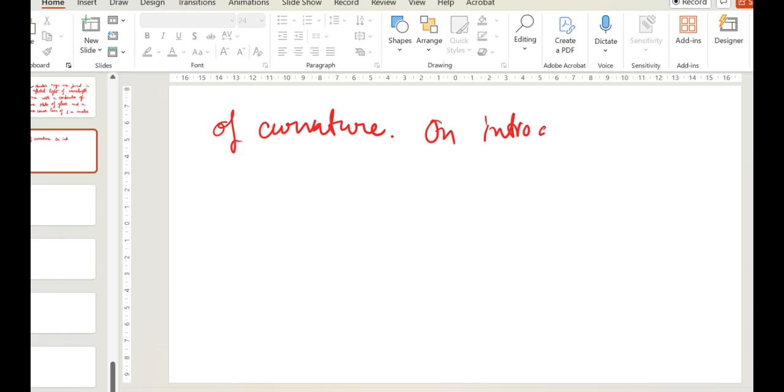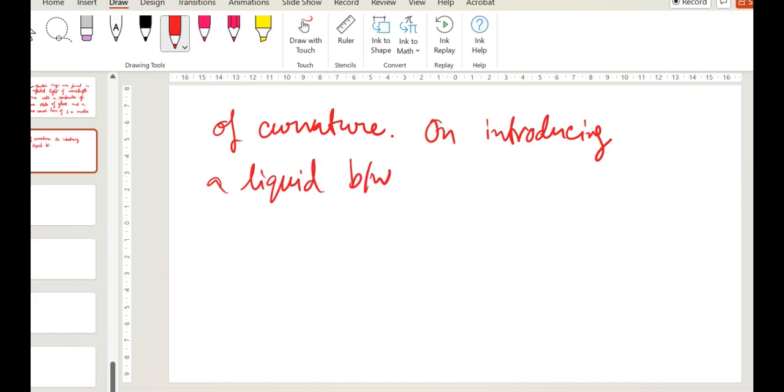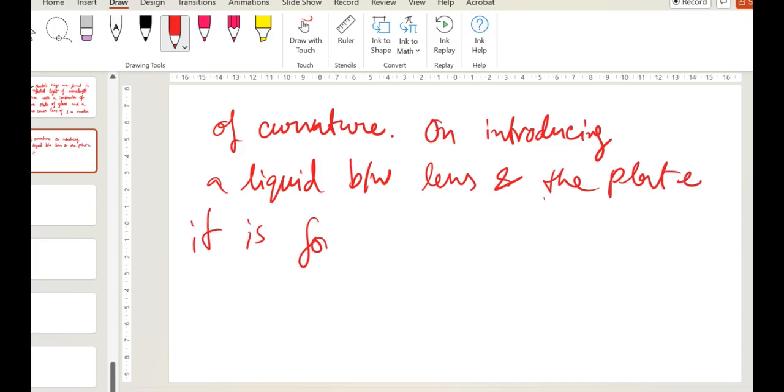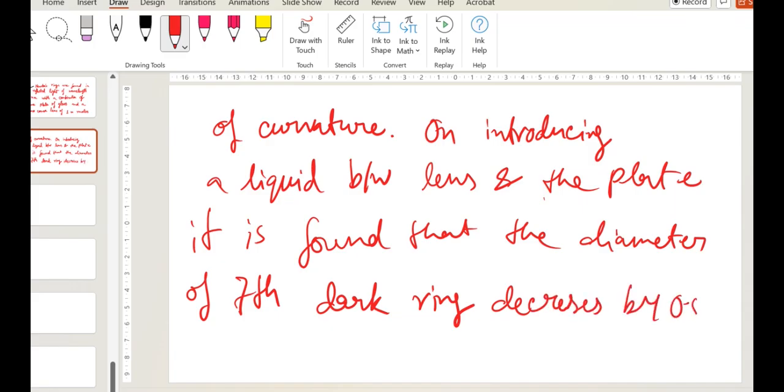Introducing a liquid between the lens and the plate, it is found that the diameter of the seventh dark ring decreases by 0.54 millimeter.